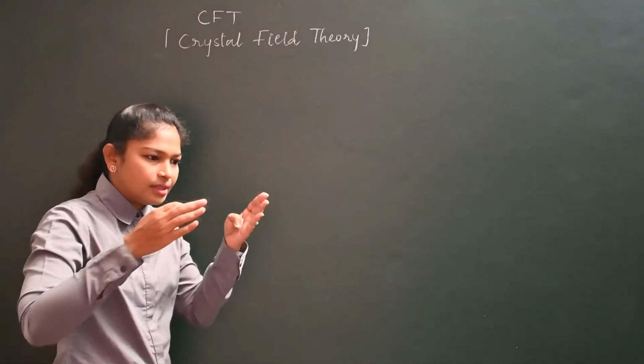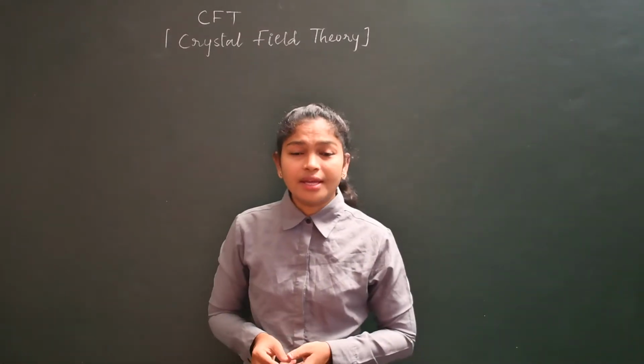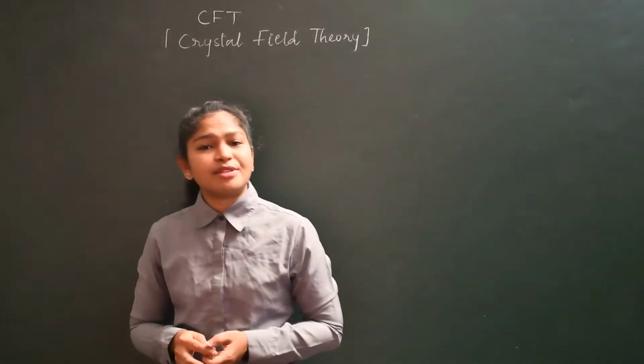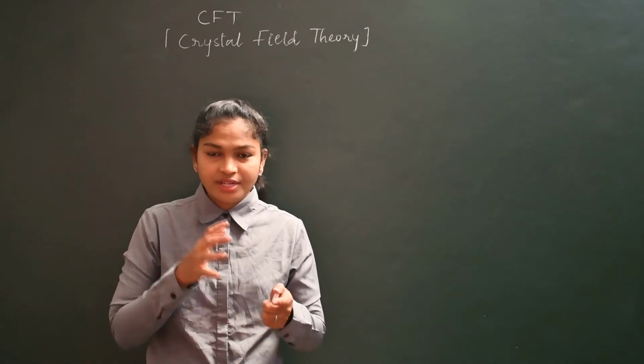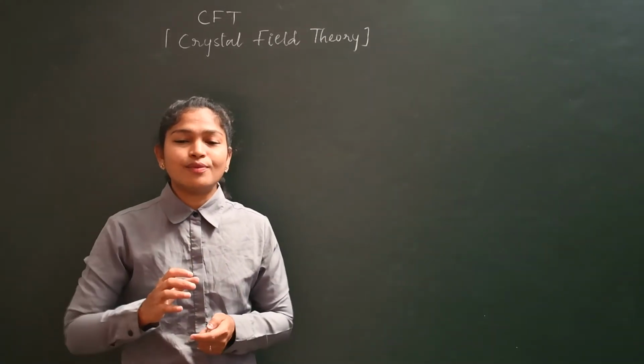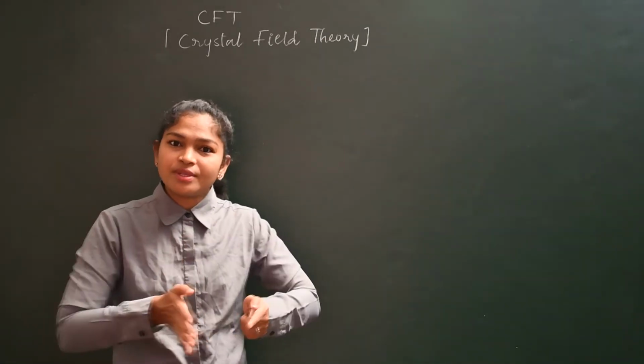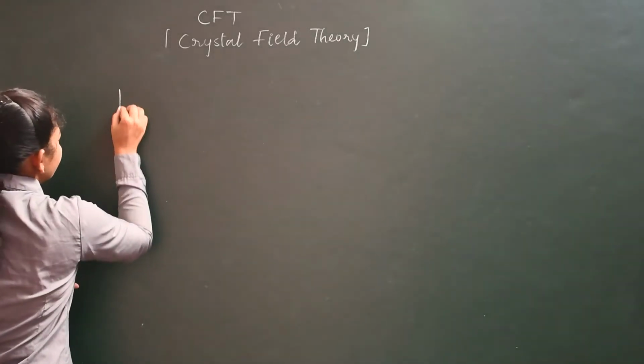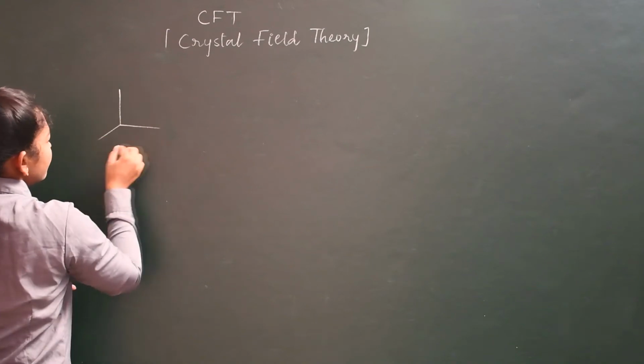The remaining t2g orbitals will be between the axis, right? In tetrahedral geometry, when we see the geometry, the ligands will be lying in between the axis. Okay, so that means in tetrahedral geometry, these are the axes, right?